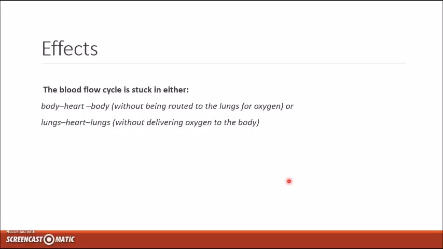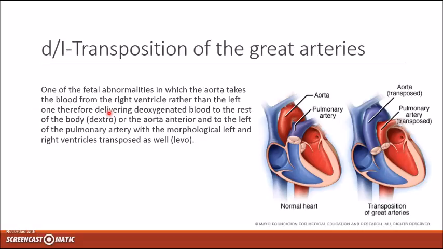What happens is that the blood flow is really stuck into one of two cycles, either body-heart-body, in case of the aorta, because as we can see here, just the deoxygenated blood gets into the right part of the heart and then is pumped back to the body, so it doesn't go through the lung.